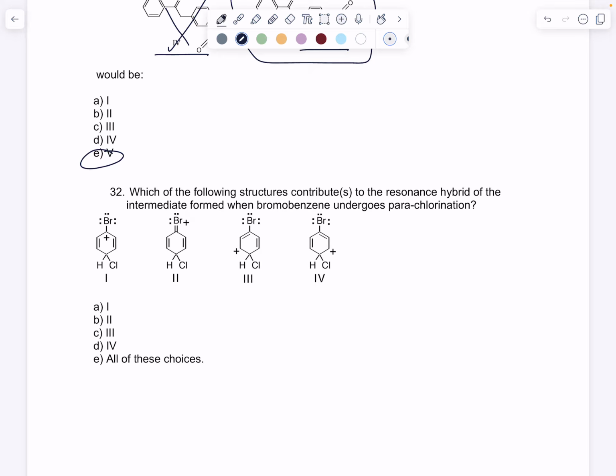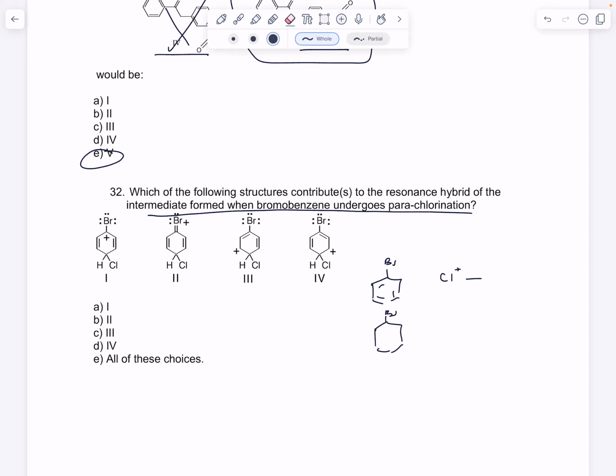I think we had a homework question on this that's very similar, but it's saying which of these would contribute to the resonance hybrid of the intermediate form of bromobenzene undergoing para-chlorination. So we have bromobenzene, and it's attacking a Cl+, and it goes ortho, meta, para. So we have our bromine here. Actually, the curved arrow should have gone from here.